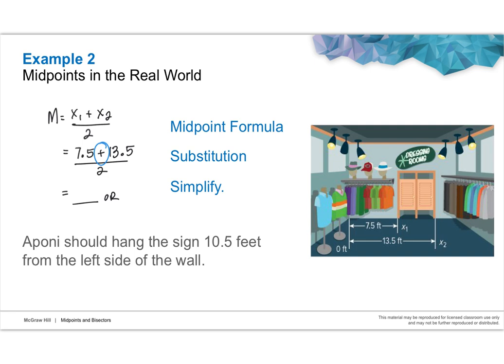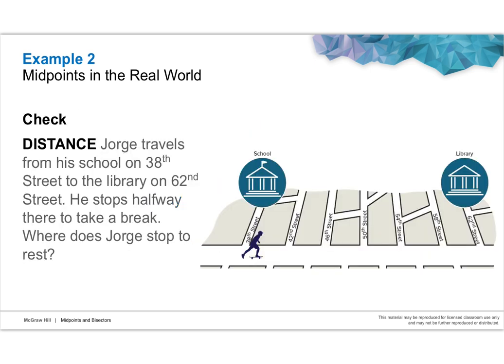So we have 7.5 plus 13.5, which is 21, all over 2, or we can simplify that to 10.5 feet. Of course, we want to put that back in the context, the units of the problem. So Apony should hang this sign 10.5 feet from the left side of the wall.